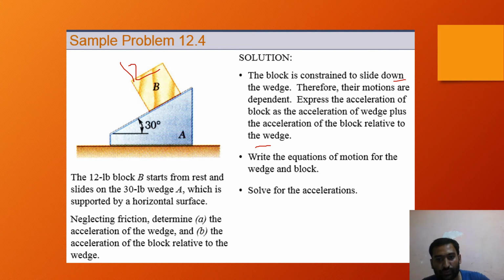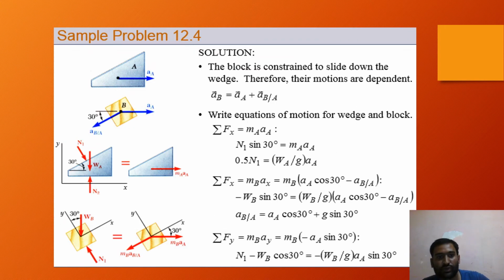Write the equation of motion for the wedge and block. Solve for the acceleration. This question is very nice and important, and may come into your exam, maybe from the homework. I hope you will see this question, similar but not the same values.